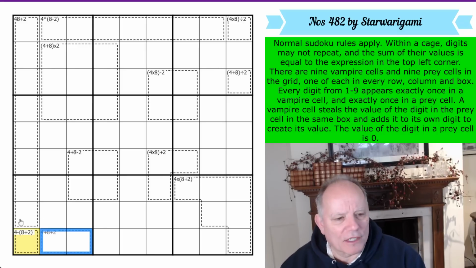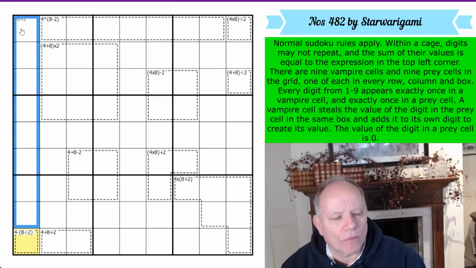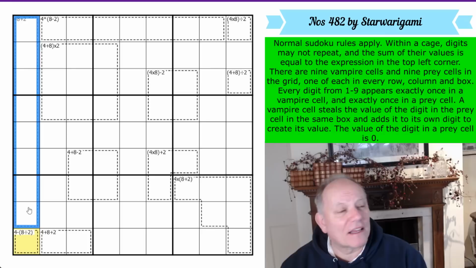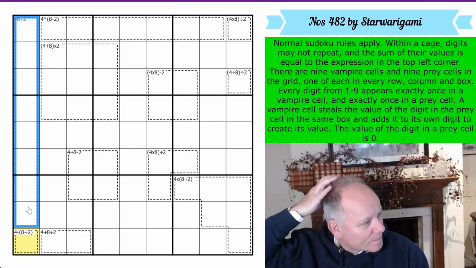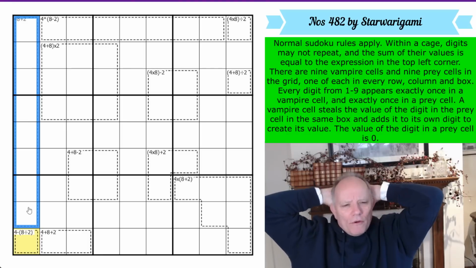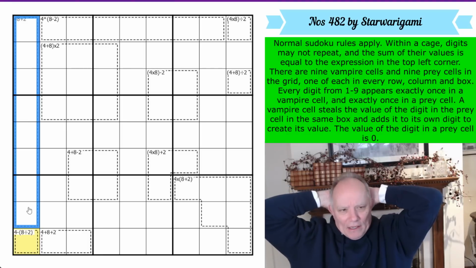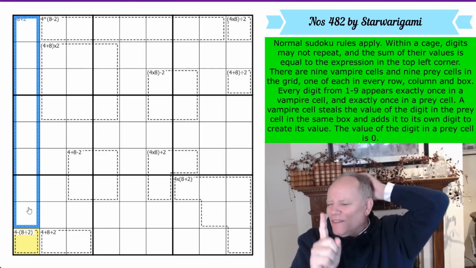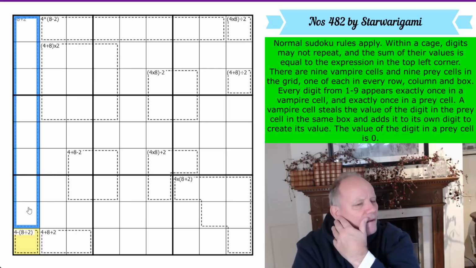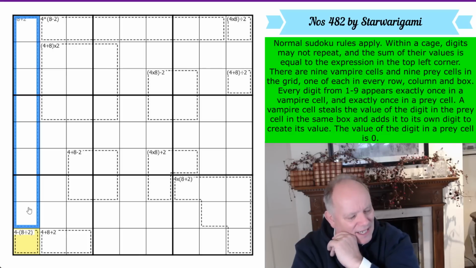Okay, I don't know what this means. Also, the fact that this is 50, not 45, but it's for 8 cells, I think that is suggesting that the digit in the prey cell, not in this column, but in the box where the vampire cell is taking the value, is at least 6.